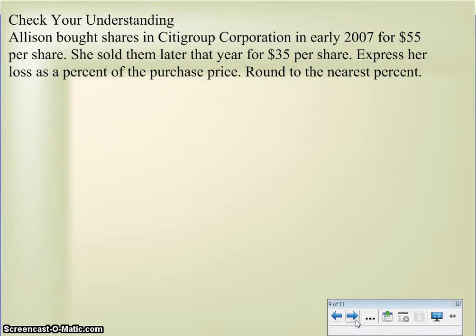Please press pause. Go ahead and solve this. When you're ready, come back. Okay, so it says that Allison here bought her shares for $55 and she sold them for $35. So express her loss as a percent. So 55 minus 35 is 20. That's the change.